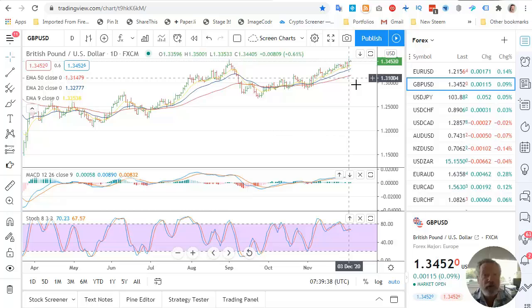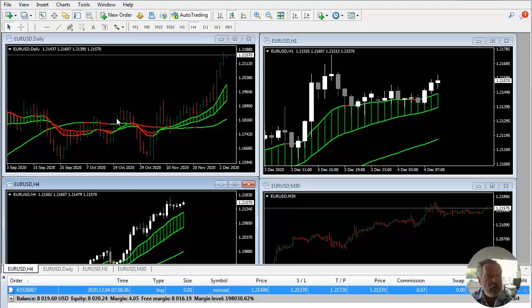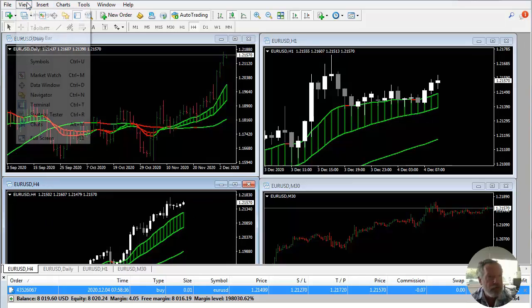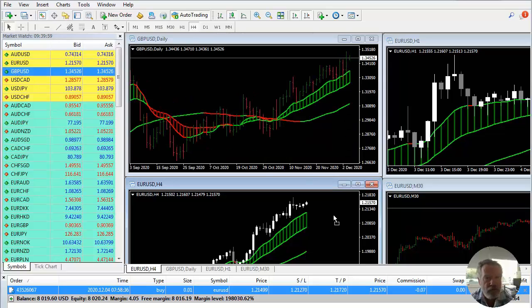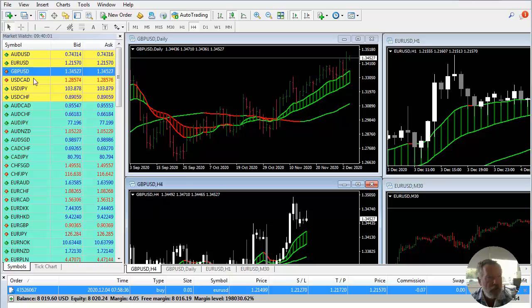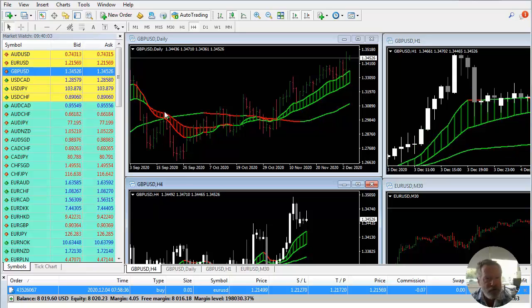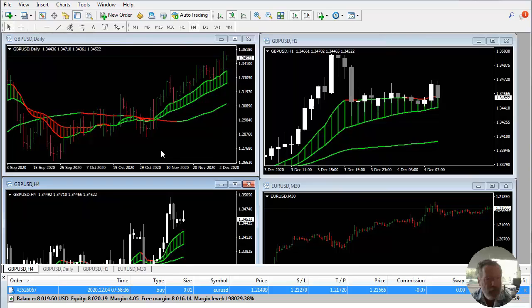US dollar worth trading? So yes, the moving averages are stacked the right way. Yesterday was a green bar, so we go back to here, and I need to put the market watch in here, and we'll just drag pound US dollar onto these charts and have a look and see what it does.